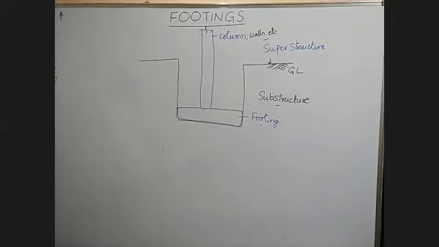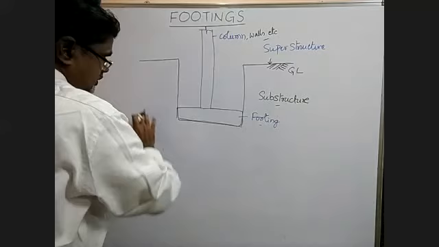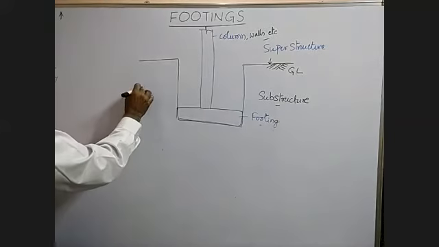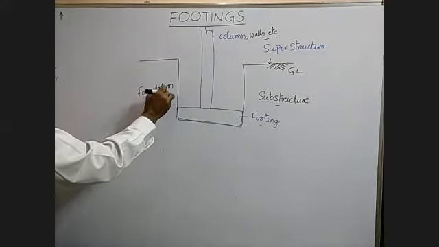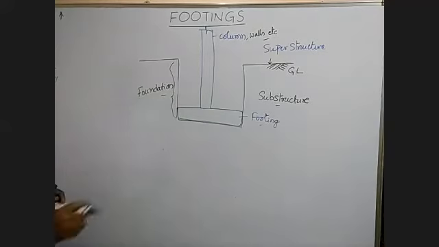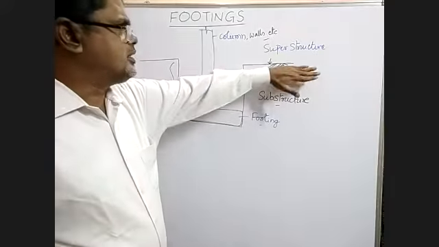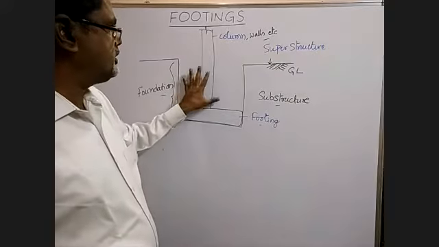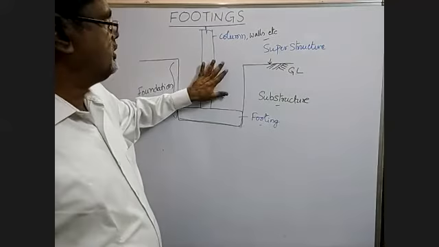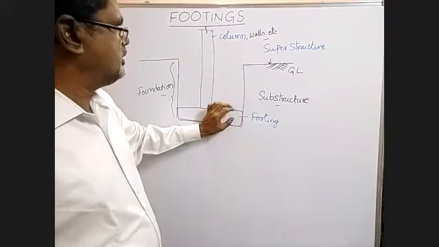Now here we have different types of classifications. This total setup we call it as foundation. Here, this is ground level, and below this, some portion of the earth is excavated, and the footing is constructed here.